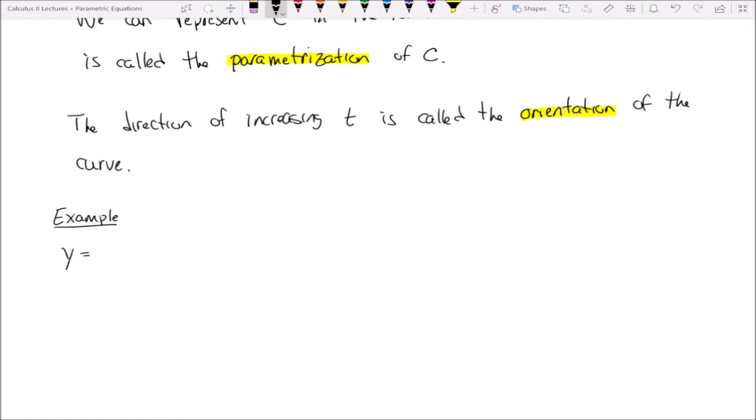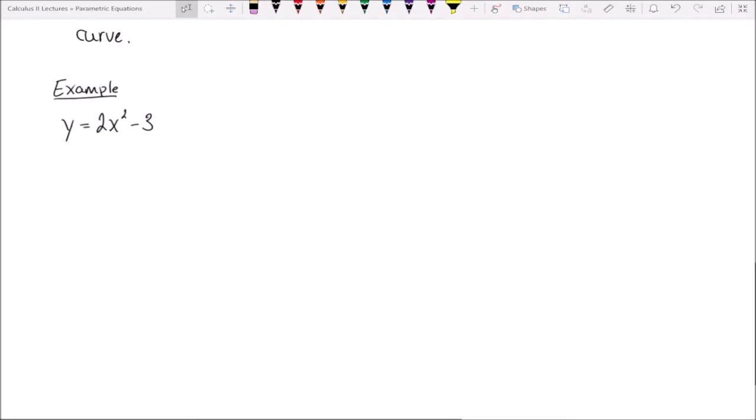Let's consider a curve, y equals 2x squared minus 3. Finding a parametrization of this curve is fairly simple. Since it's already in the form of y equals f of x, just say x equals t, t being the parameter.